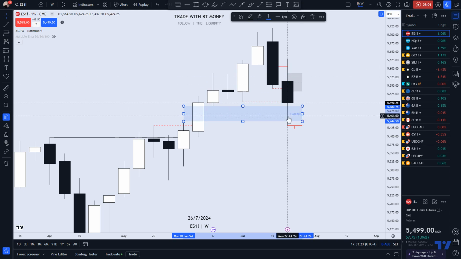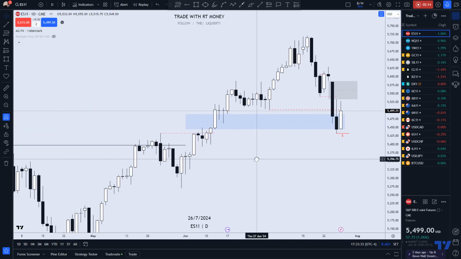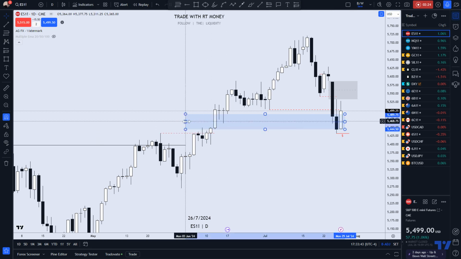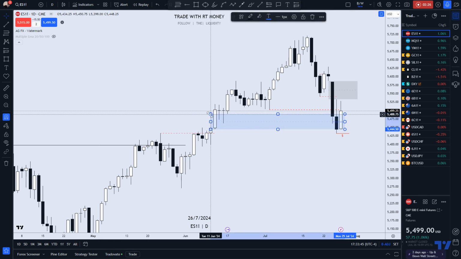Right off the top, you're thinking, okay, it would be simple just to say, well, we're in a bullish fair value gap on the weekly. We should be thinking bullishly. Not so fast, not so fast. If we take a look at the daily, this weekly fair value gap was traded through to the bottom.